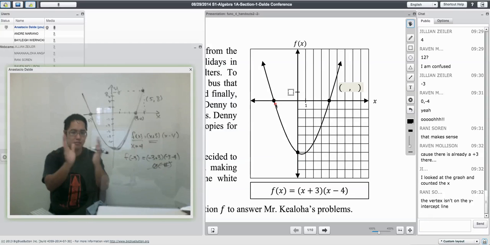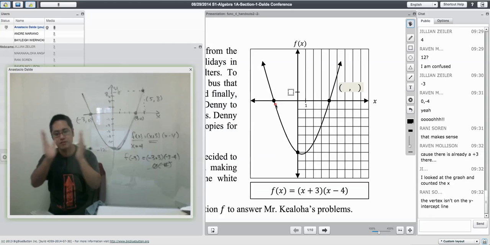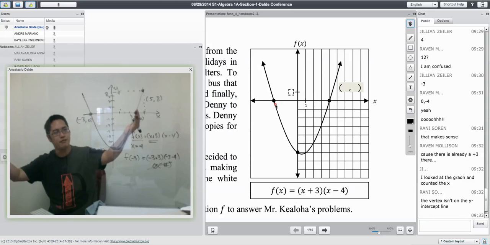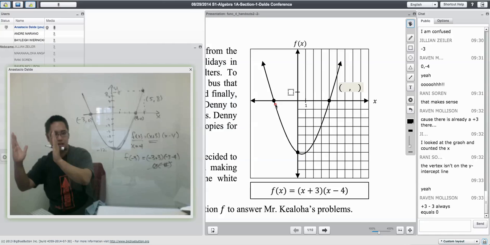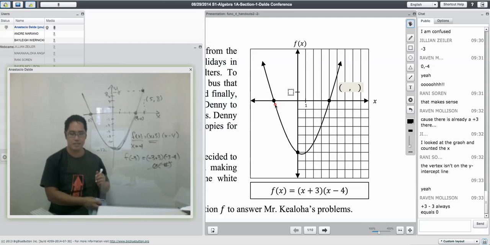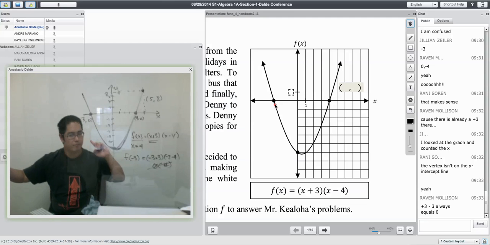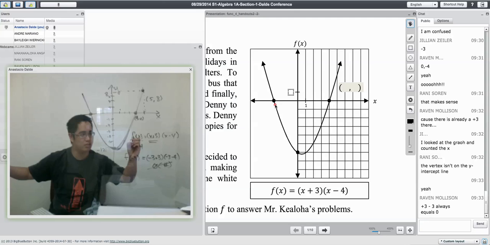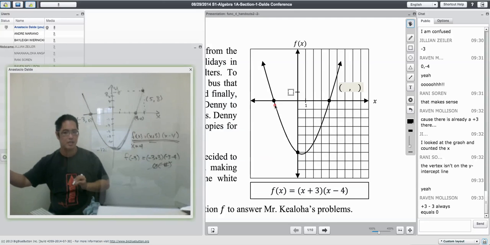Is that what you're saying, Rainey? The whole graph is shifted to the right, so it's not going to be +4, -4. It's going to be a little bit off. But I like where Raven's mind is going. Raven is saying that, but wait guys, you can take a look at this equation right here and get -3 from that.